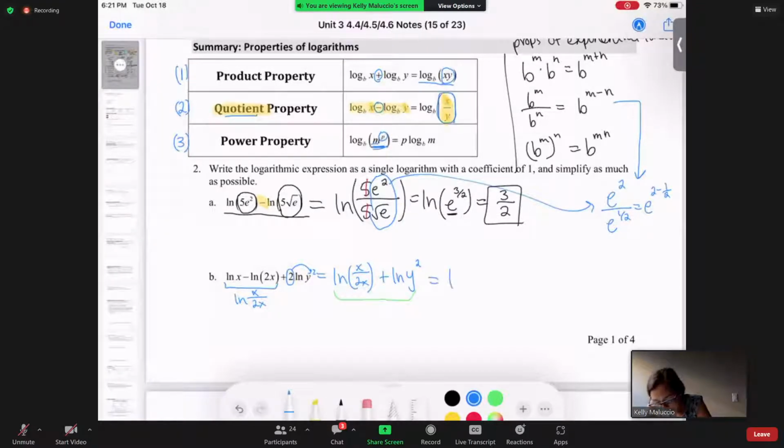But I get ln, and this all is multiplied together. So I would get xy squared over 2x. And again, my x's will cancel out. So my final answer here is ln y squared over 2, right?